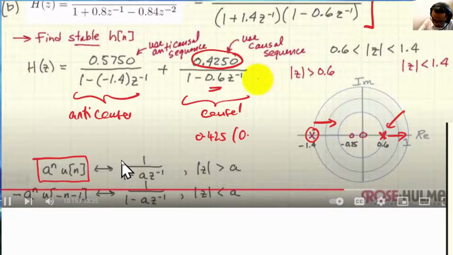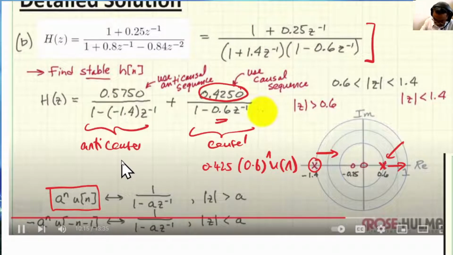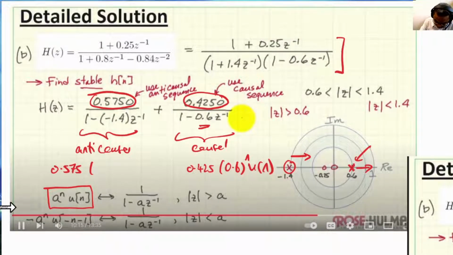A is 0.6, so 0.6 to the power of n, u(n). For the anti-causal, the numerator constant goes out, 0.575, and then we plug in a minus sign on the outside.